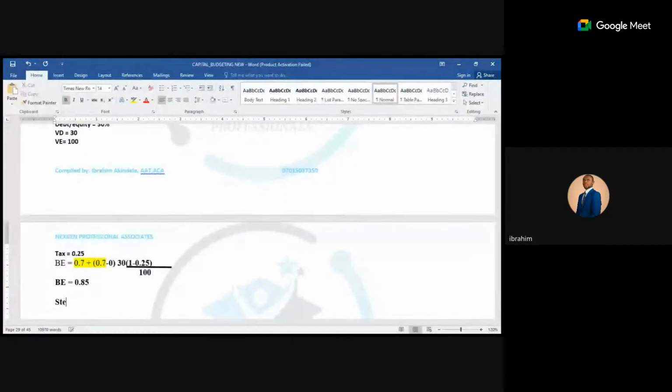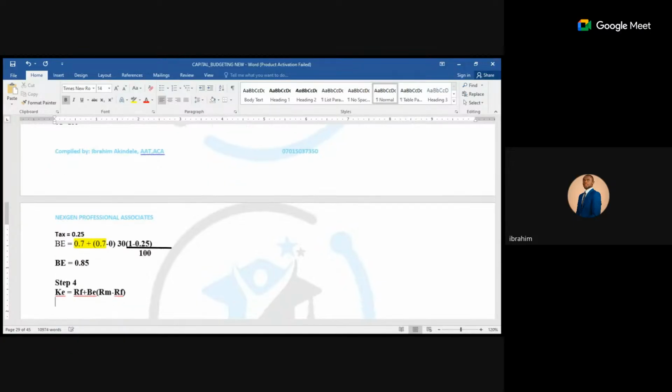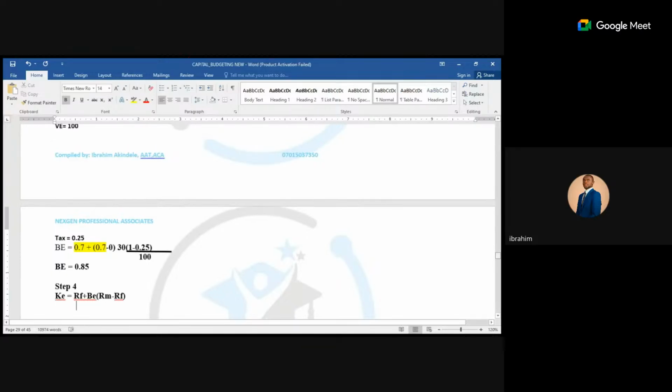So what is the next step? We calculate the CAPM by including the risk-free plus equity beta times market return minus risk-free. What is our risk-free given to us in this question?